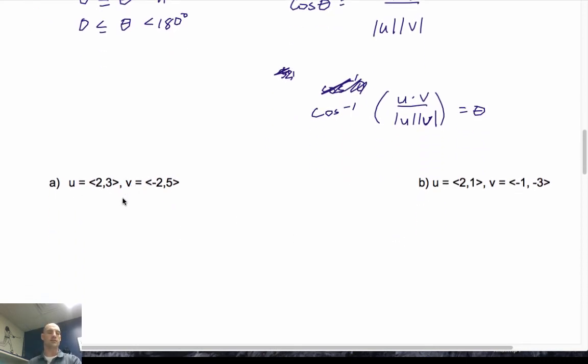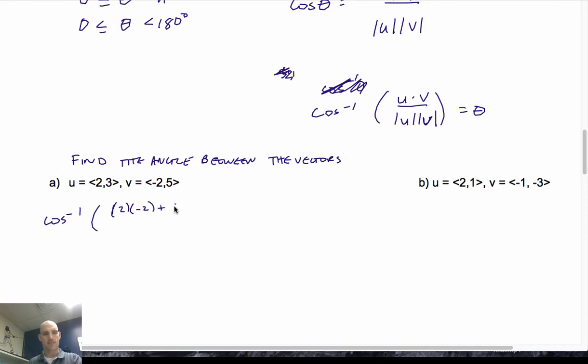I've got two vectors, u and v, and I want to find the angle between them. I know that I want the inverse cosine of, and I need the dot product on top, so 2 times -2 plus 3 times 5, over my magnitudes.